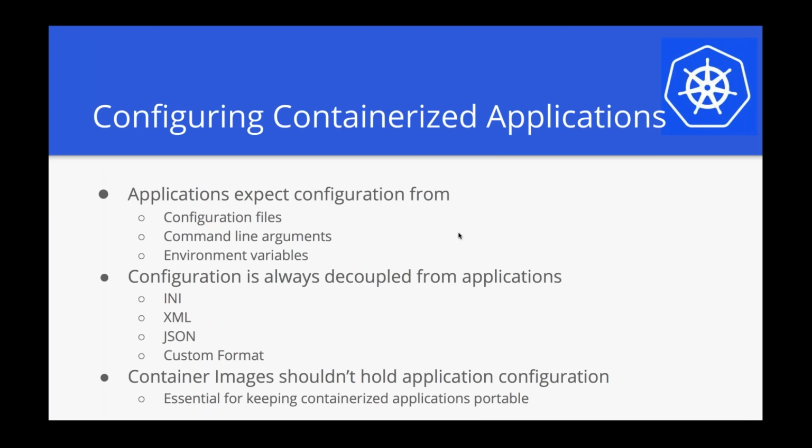If you are familiar with developing and deploying applications, you know the challenges involved in dealing with configuration. Starting from Windows applications back in the 90s to the latest distributed applications that we are developing, configuration is an integral part of applications. Typically, the configuration is fed to the applications through configuration files, which are available in the form of INI files or XML files or JSON files, and sometimes even a custom format.